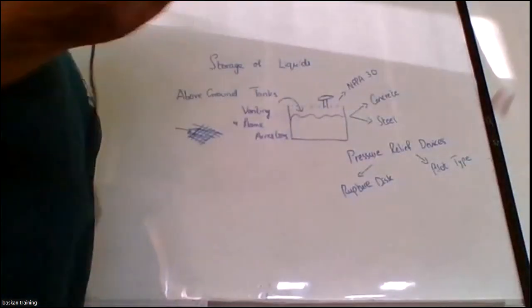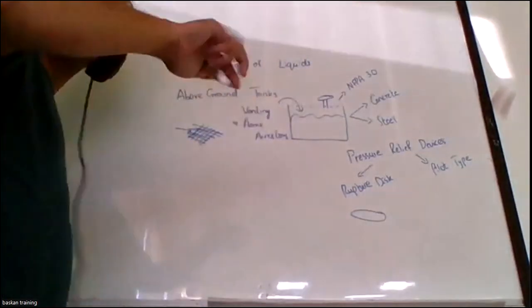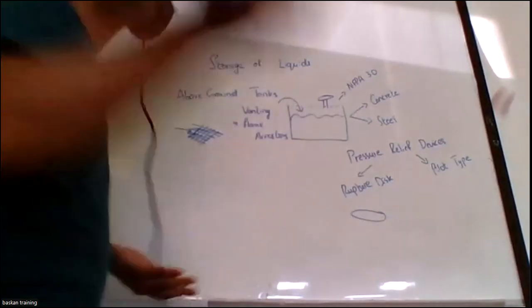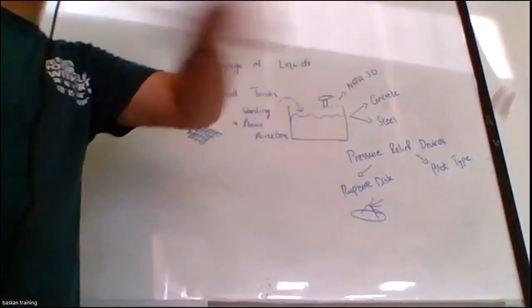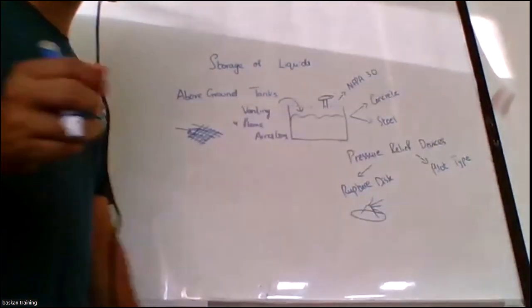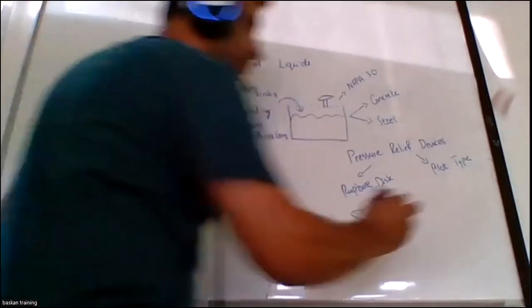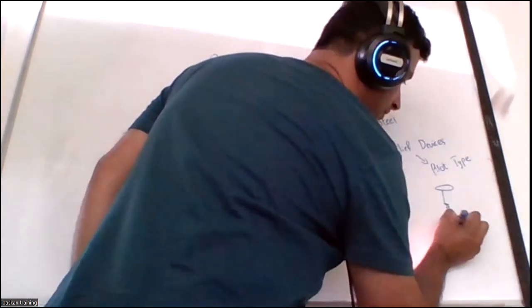Rupture disc type, from the name itself, it's actually a disc. It expands up to a certain limitation and then it blasts off. Pressure is released. Then you have to remove that disc and put in the next disc. That is the rupture disc type. The second type of pressure relief device is the pilot type.